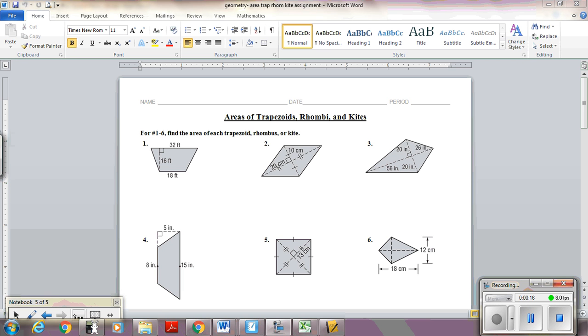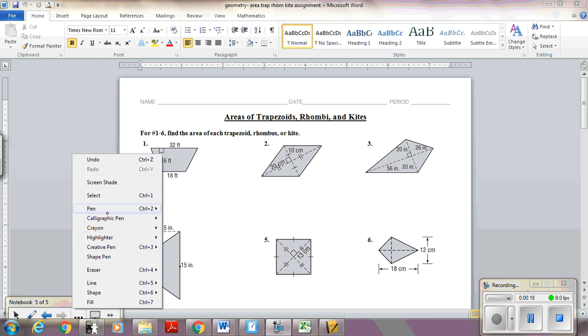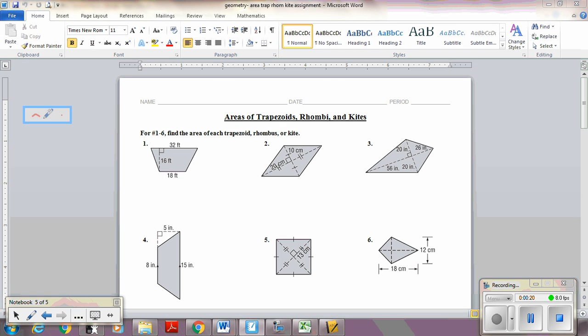Number 1 represents a trapezoid. So the area formula for the trapezoid is B1 plus B2 times height divided by 2. So in this case, that would be 32 plus 18 times 16 divided by 2. So grab your calculator and type it all in at once.